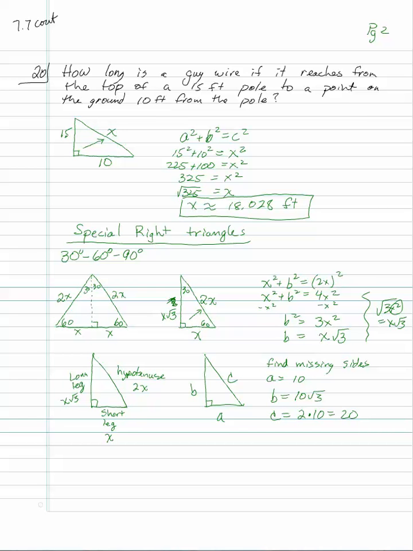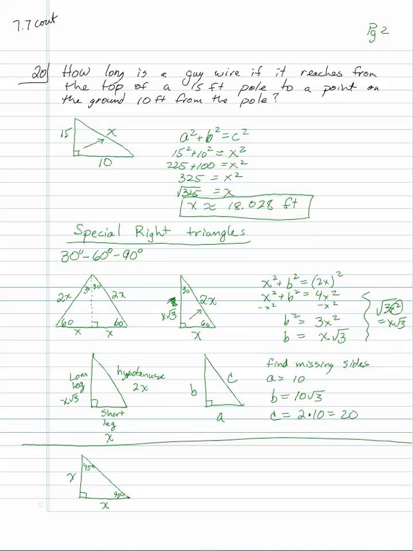Alright, the next special right triangle is going to be a 45, 45, 90. And what's special about that one is that two angles on a triangle are equal, the sides opposite those angles are equal. So that means that if this is x, that one's x. So both legs would be x.